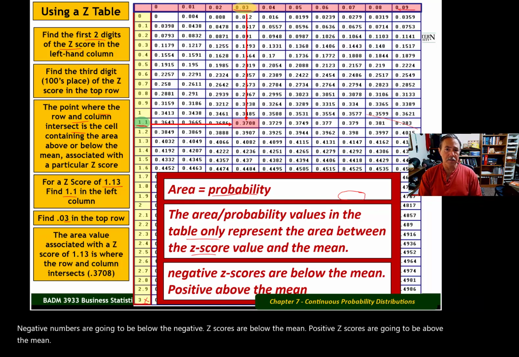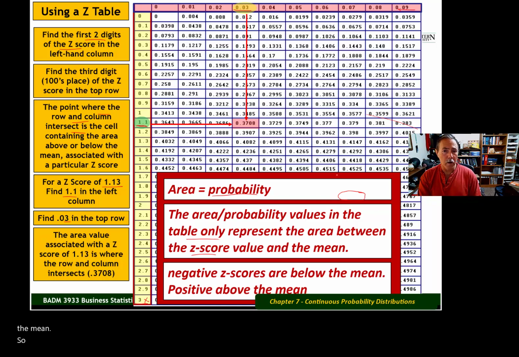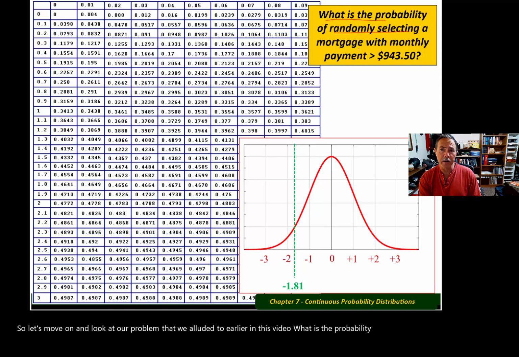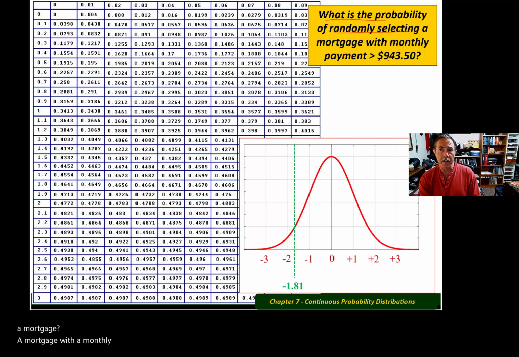So let's move on and look at our problem that we alluded to earlier in this video. What is the probability of randomly selecting a mortgage with a monthly payment greater than $943.50? We already calculated our z-score. Again, negative 1.81 is the equivalent of $943.50.